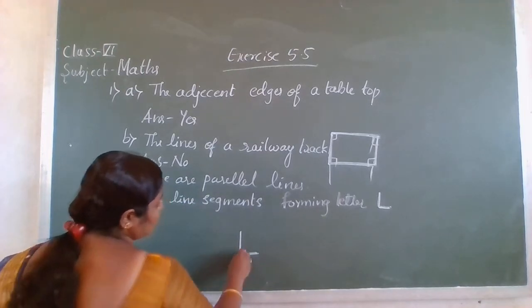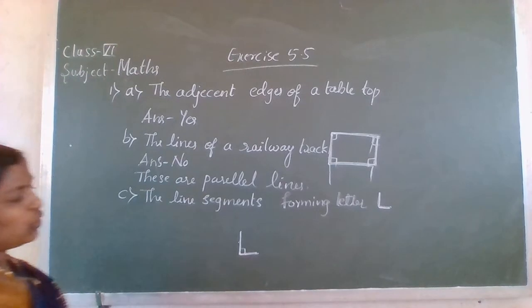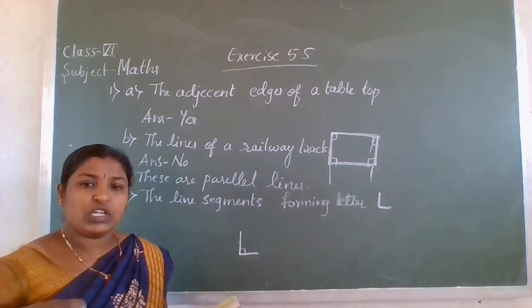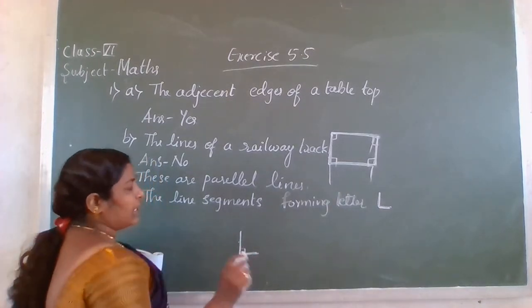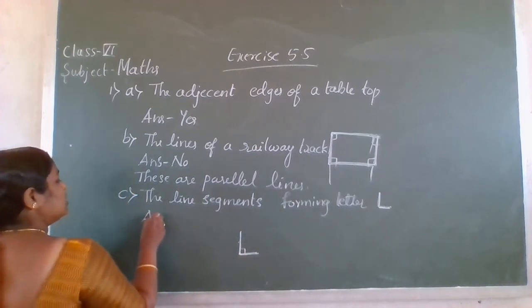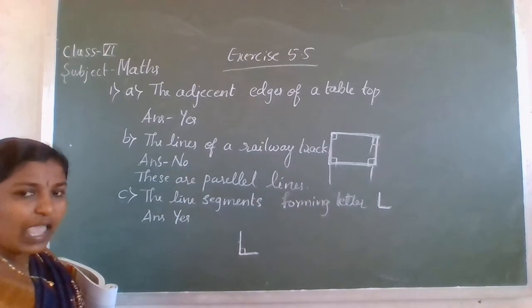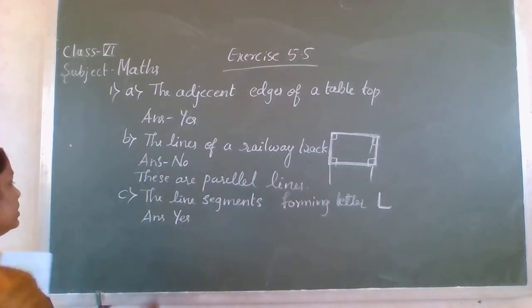Both have met at this point. This line is perpendicular to this line. You can draw one letter L and use the protractor to measure the angle between both line segments. This will be 90 degrees. So the answer is yes. The letter L has perpendicular line segments in it.